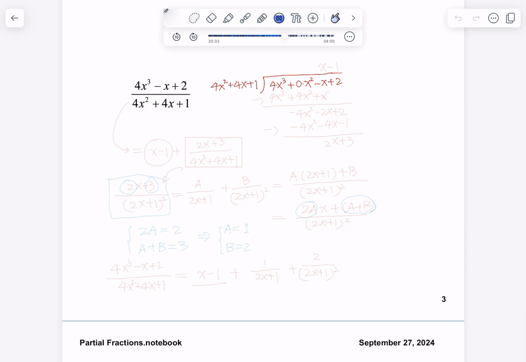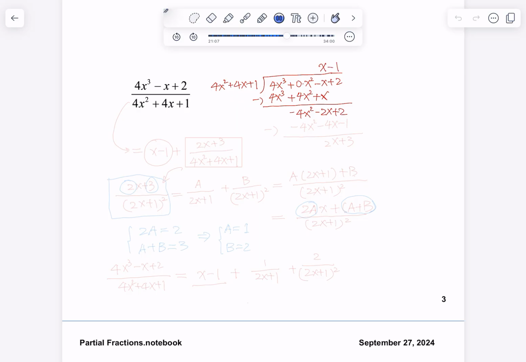I will put 1x here. That will give us 4x cubed plus 4x squared plus x. Then you do the subtraction. You would end up with minus 4x squared minus 2x. Then you move this 2 down here, plus 2.